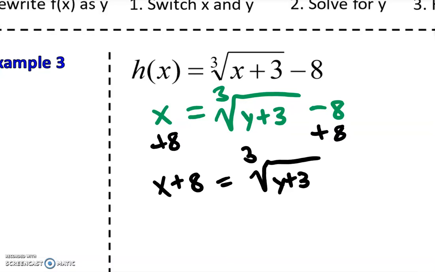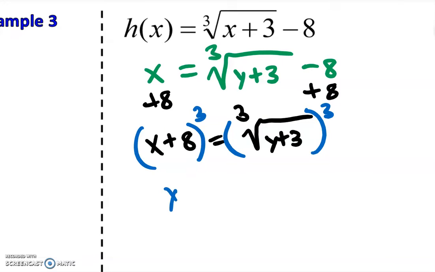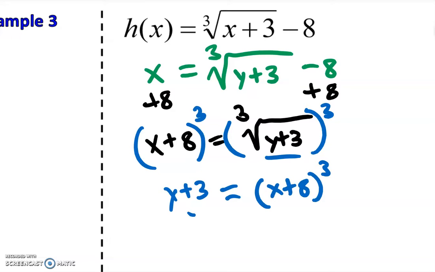The opposite of a cube root is to cube. So we're going to cube that, and then we're going to cube this expression. So we end up with y plus 3 is equal to x plus 8 cubed. And we're just going to subtract 3 from both sides.